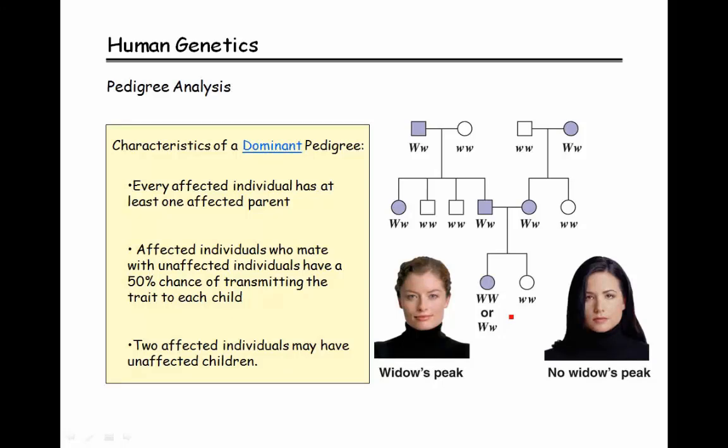If we know that this is a dominant pedigree, we can go through and assign at least one capital letter to all of the individuals that are colored in, and we can assign 2 lowercase letters to all of the individuals that are not colored in. As far as the other half of the dominant individuals, we may or may not be able to decide conclusively the second letter that's going to be in the genotype.